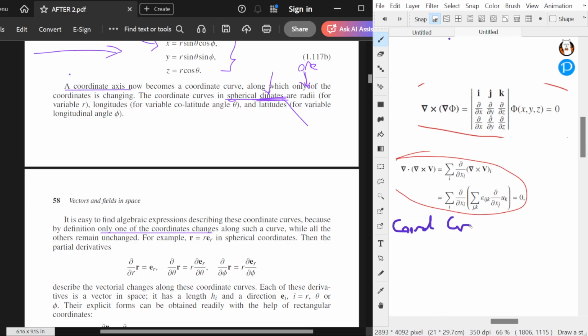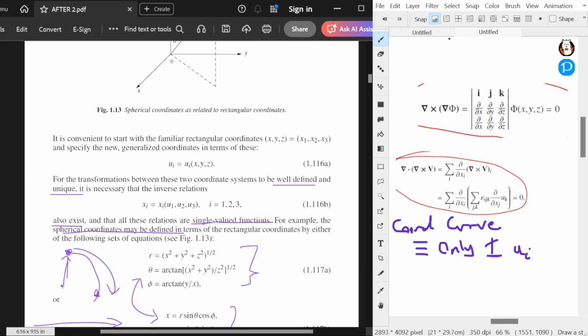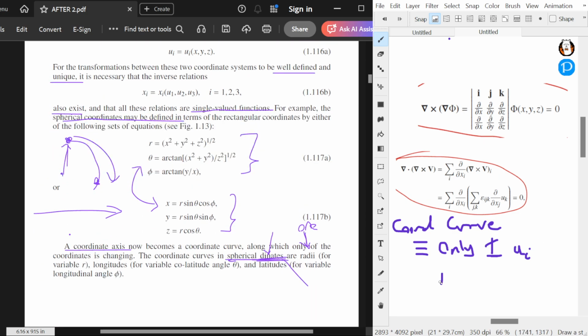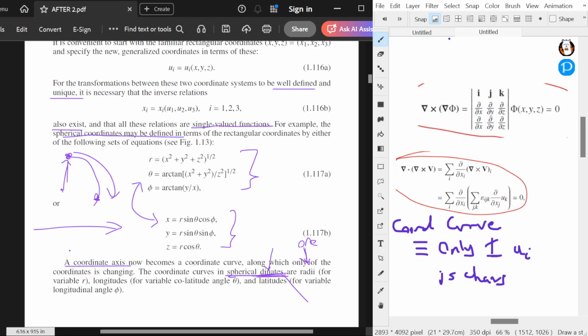Chord curve means, well, only one, I'll put UI, because that's what they were trying to get at here. Only one thing is changing. Changing? Wait.